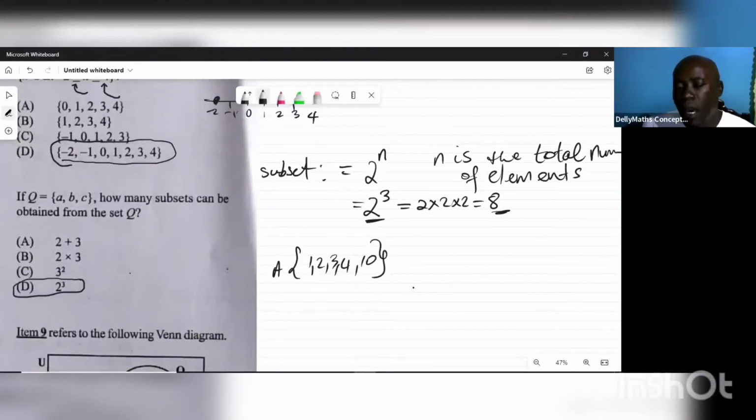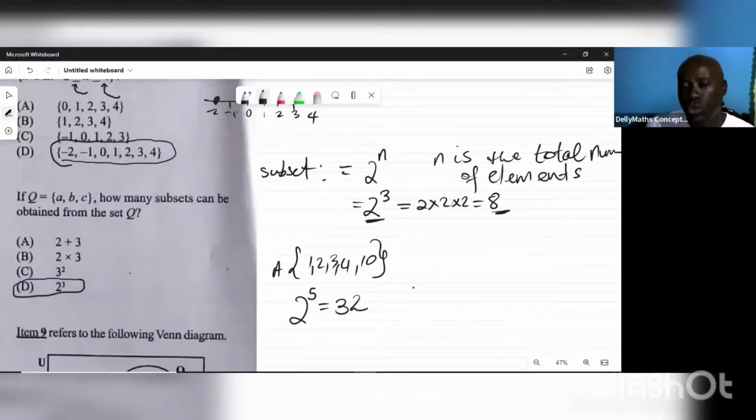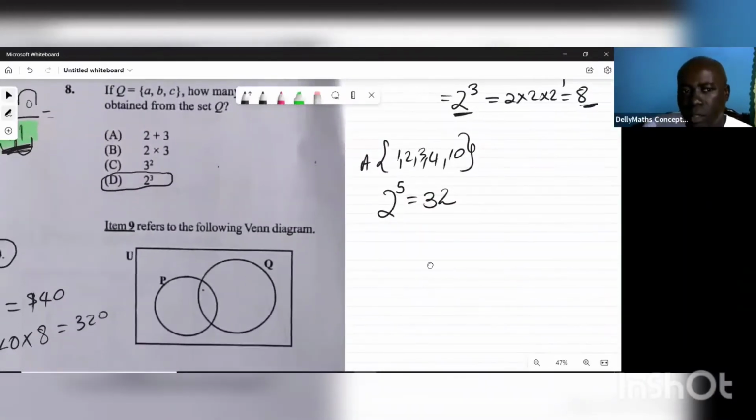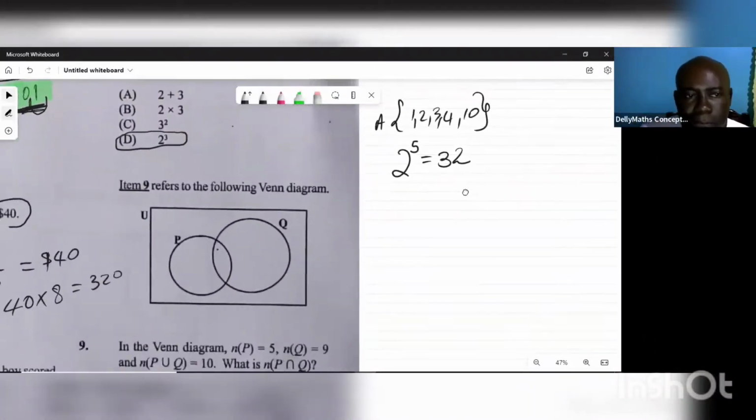If these are the members in this set, and they're asking how many subsets we can get out of this, it's 2 raised to 5, and we could get 32 subsets. We want to make sure that we have this down as well. There's another formula for sets, but when the question comes out, I'll give it to you. So make note of that. The number of subsets can be found by using 2 raised to the number of elements.